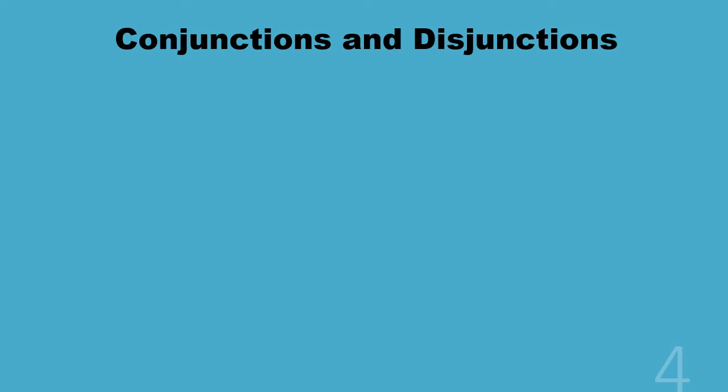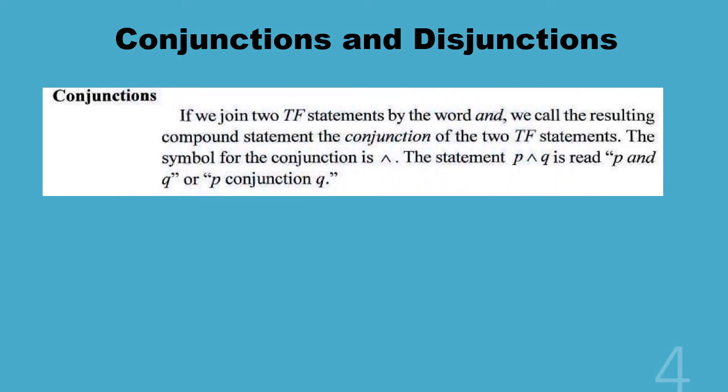So let's consider the various connectives that we'll be concerned with. The first is the conjunction. If we join two TF, true-false statements, by the word and, we can call the resulting statement the conjunction of the two statements.